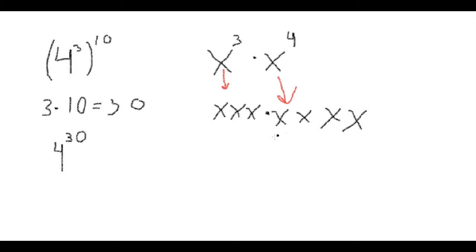So we have 3 x's here, and we have the 4 x's here, and in the end when we multiply them, we're basically adding the exponents, and then the answer would be x to the 7th power. So that's how we do all the problems that are on the test for the most part.